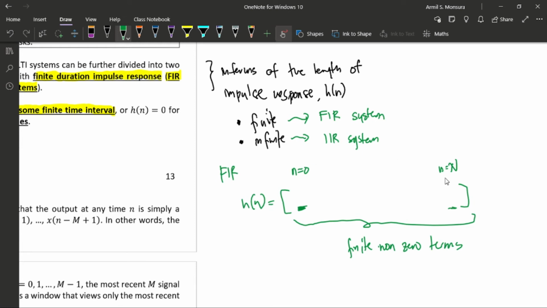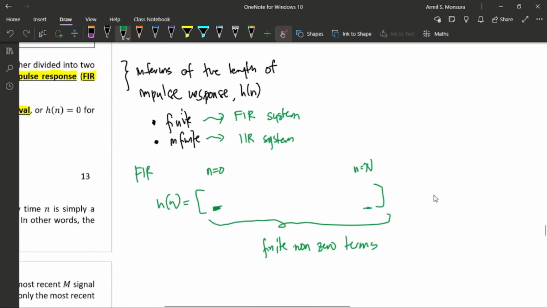It means that your h of n is 0 for n less than 0 and n greater than big N. So, non-zero lang siya within a certain time interval.